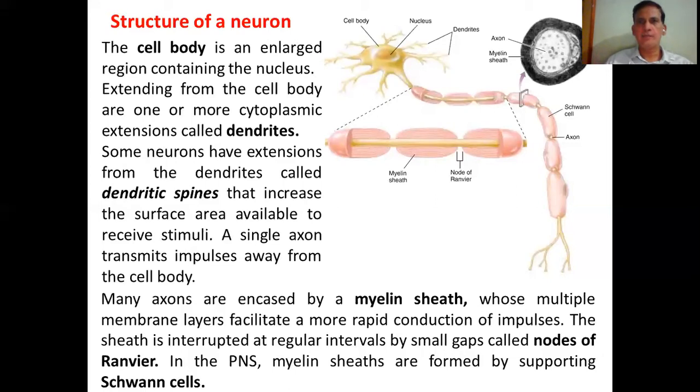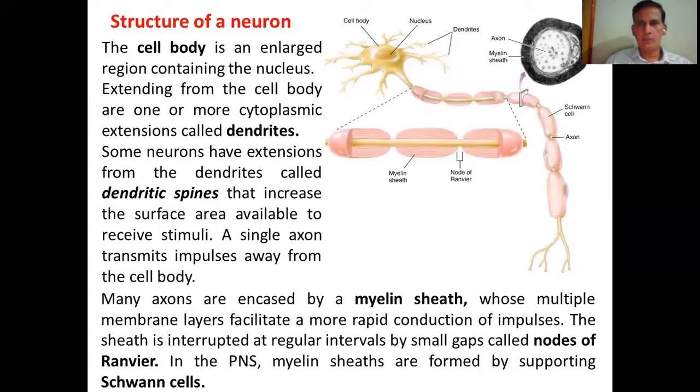Usually a single axon could be protruding from the cell body, which is responsible for the transmission of the impulses from the cell body to the later part. Now this axon could have a myelin sheath which could facilitate rapid transmission of impulses.